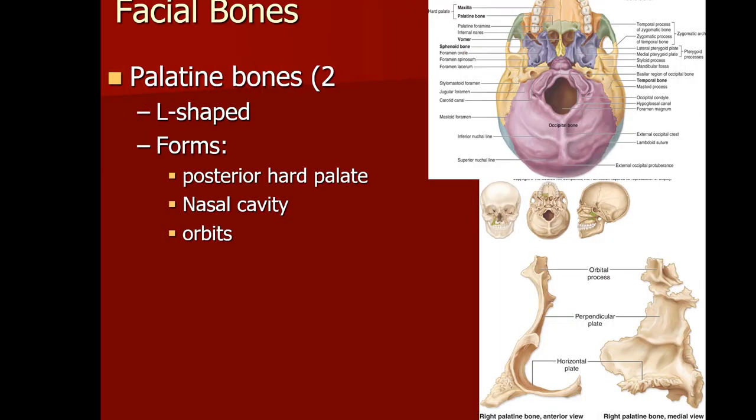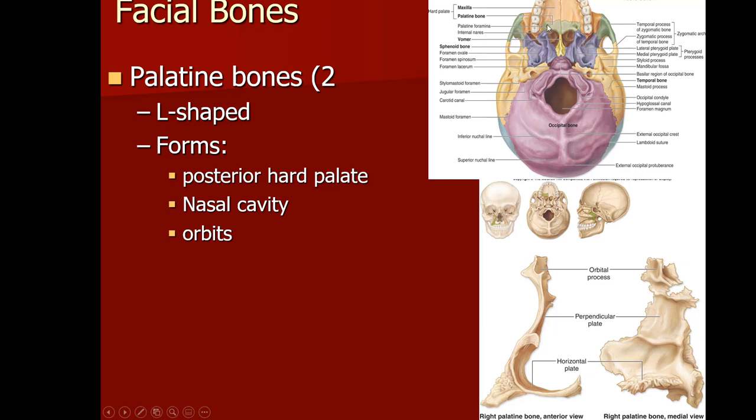All right, moving on, palatine bones. Think palatine, palate. These form the roof of the mouth, which is called the hard palate. They help form the hard palate, because they're not the only bones that form it. They're L-shaped bones, so they would look like the letter L if you take them out. We have two of them. If you look at the bottom of the skull, here they are in green right here.